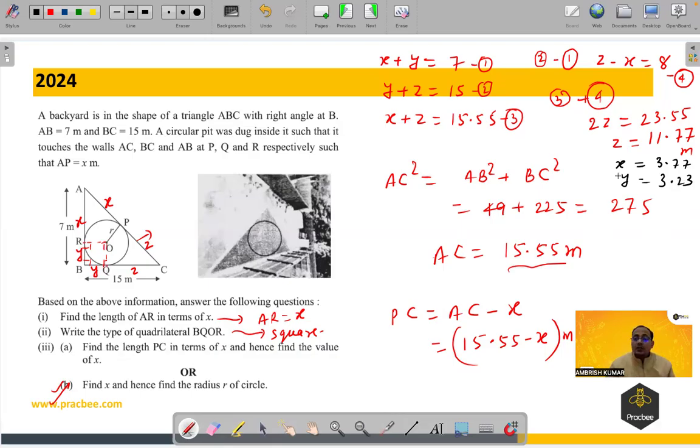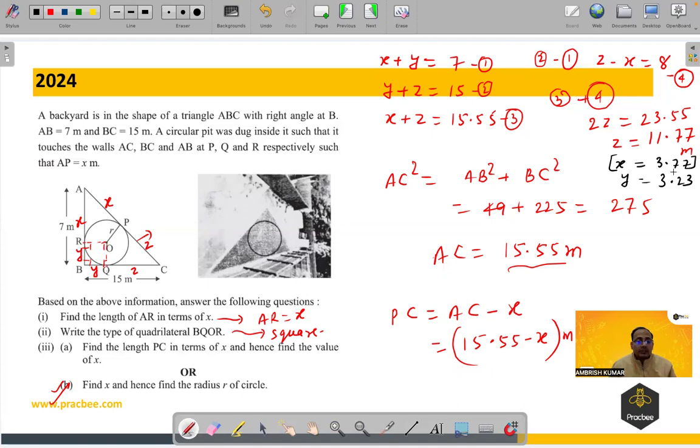Now these are the values of x, y, and z. Now what we need to find here is x. We have the value of x as 3.77, right?